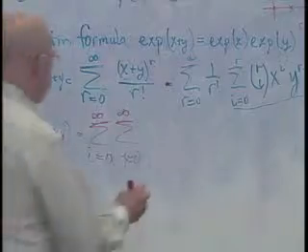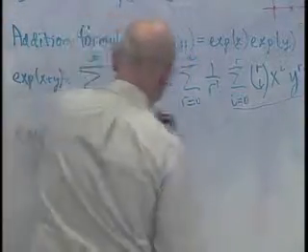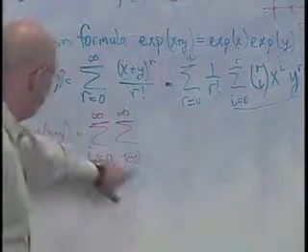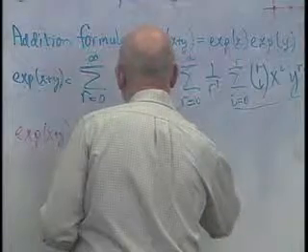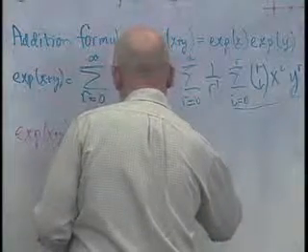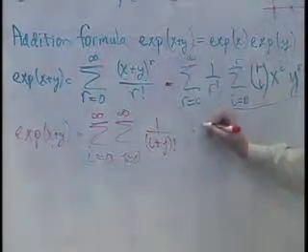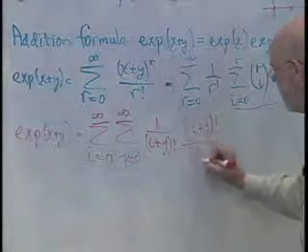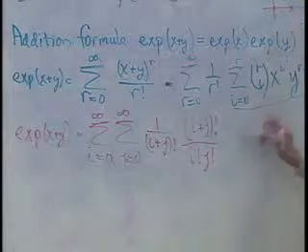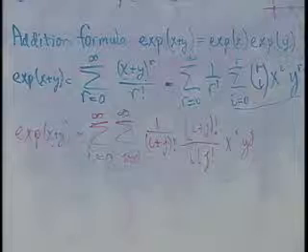So what have we got? We've got 1 over r factorial. Well, having changed this to a j, I should really substitute for r. So I'll write that as 1 over i plus j factorial. And then I've got this binomial coefficient, which is i plus j factorial divided by i factorial times j factorial, times x to the i times y to the j.